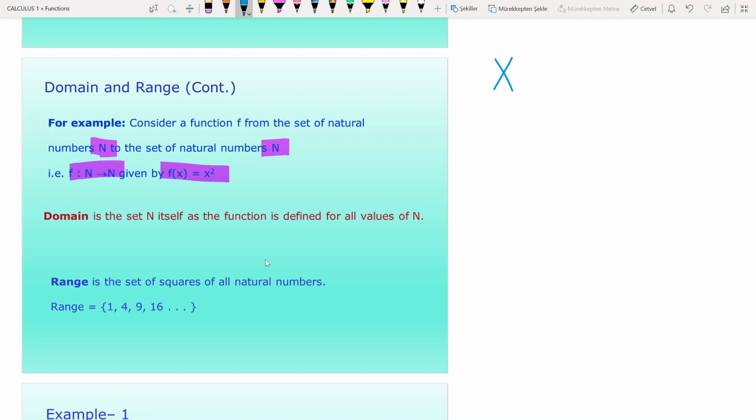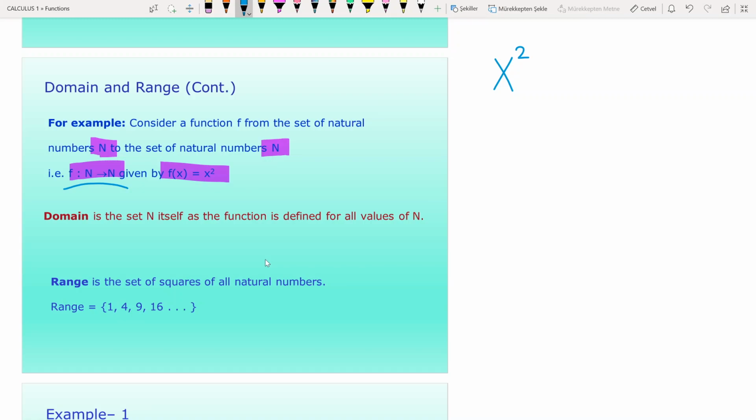X squared is defined everywhere. This is why the domain is the real line, actually. But if f is defined from N to N, in this case the domain becomes N.